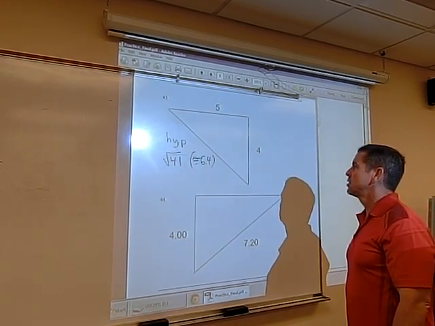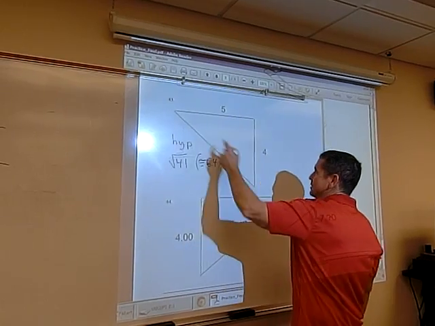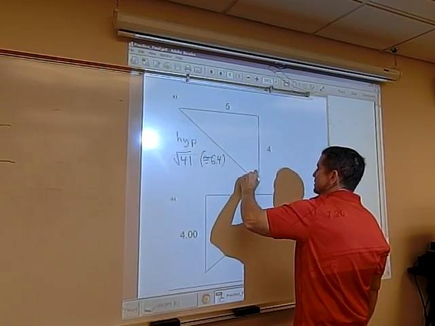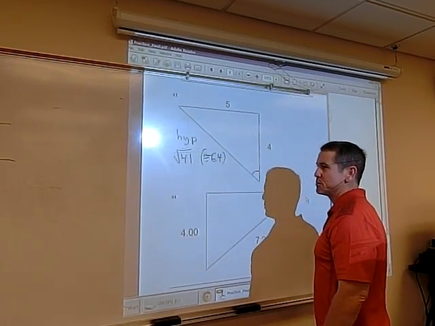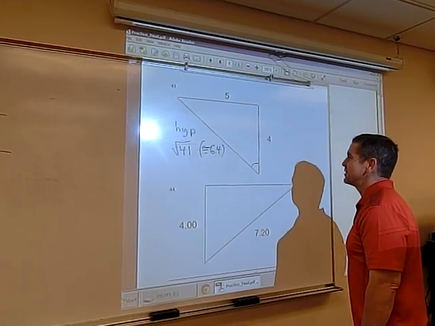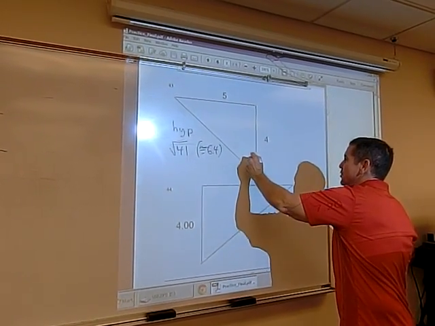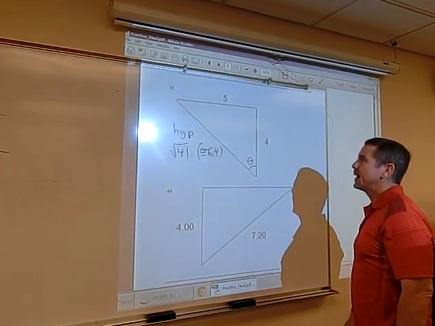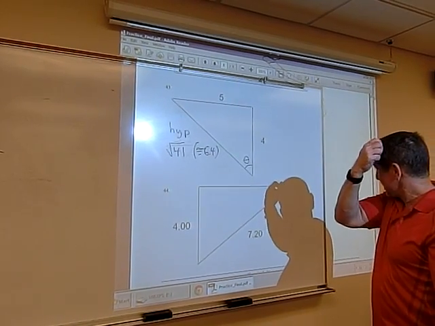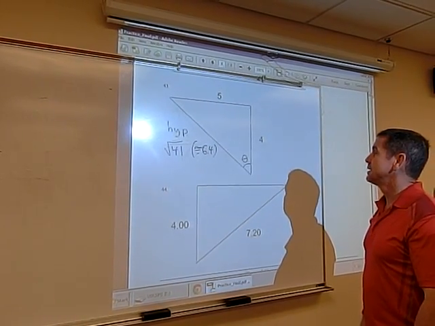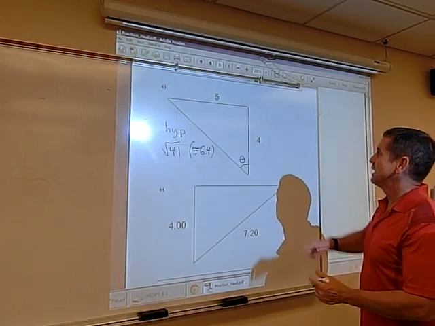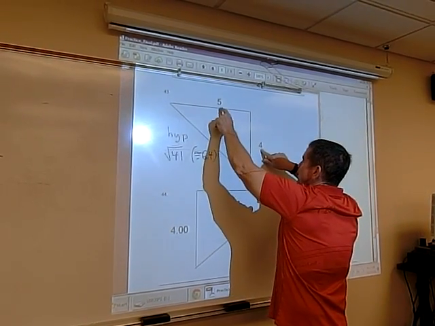Okay, so let's get an angle. Well, you can pick either angle. I just picked this angle because it happened to be closer to my pen. Doesn't matter. So we'll call this angle theta. How are we going to get theta? I would use the information that we were originally given.